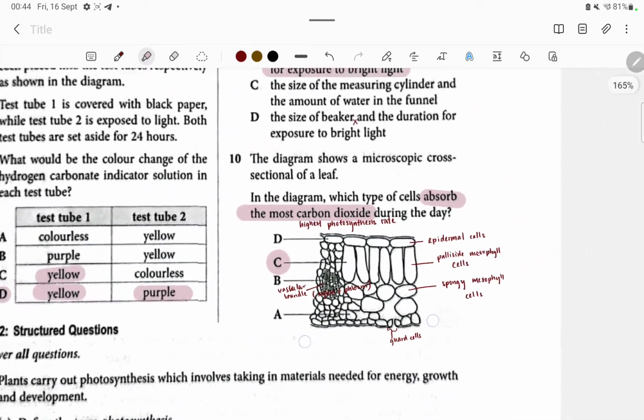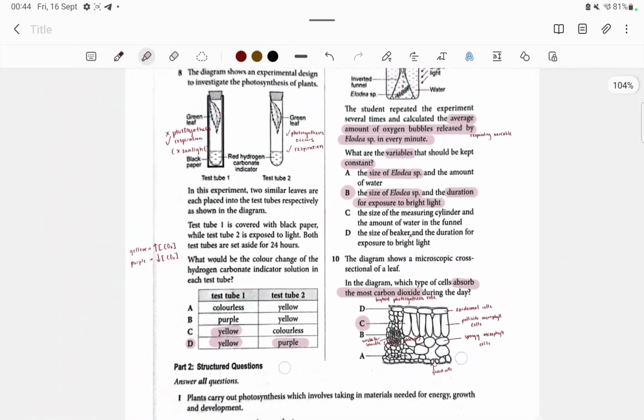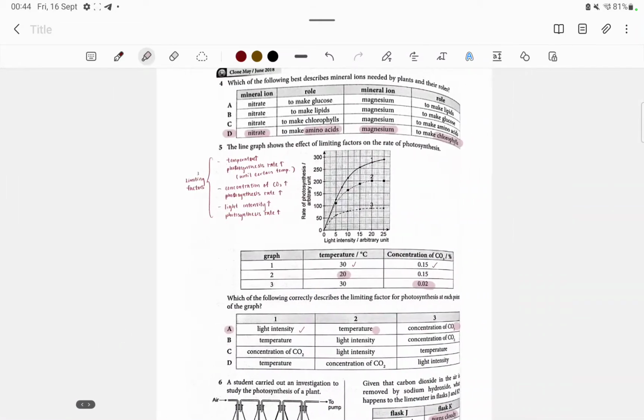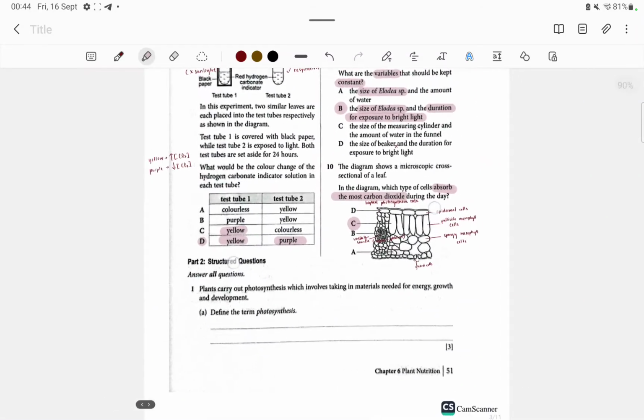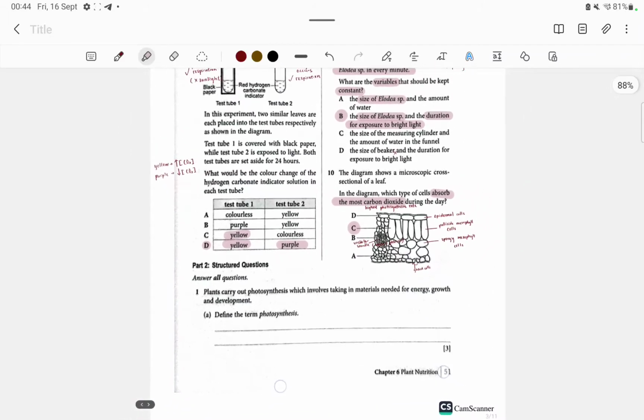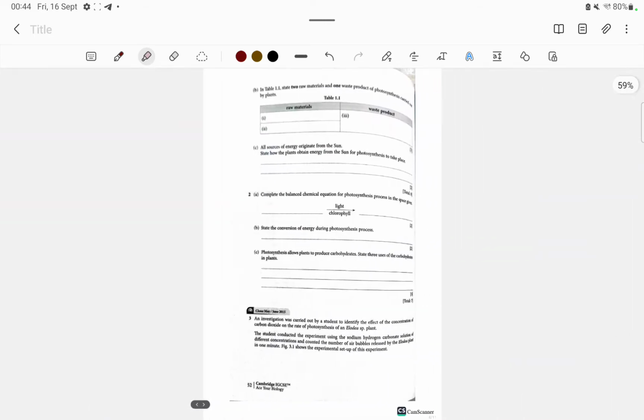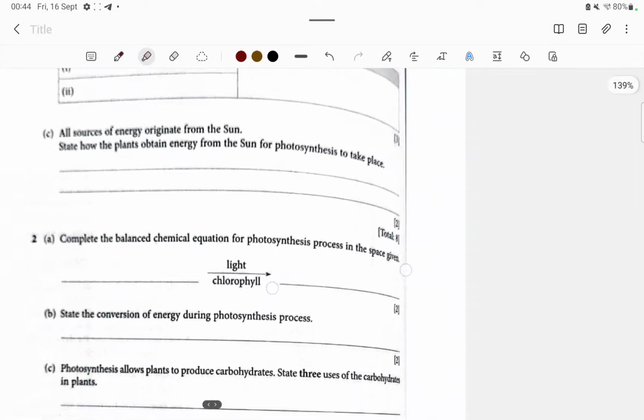Okay, so that's all for the 10 MCQs. So now I want you to try and do structure question number 1. So this one, let me see, 3 marks. Total you have 8 marks.